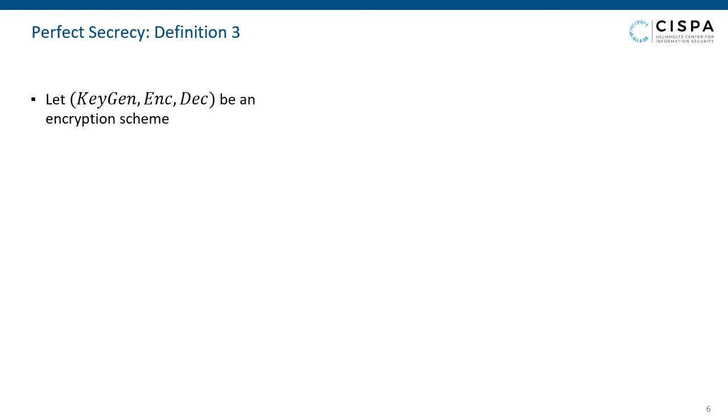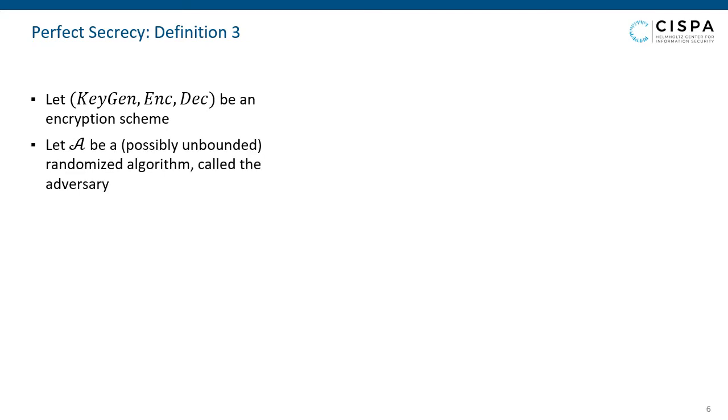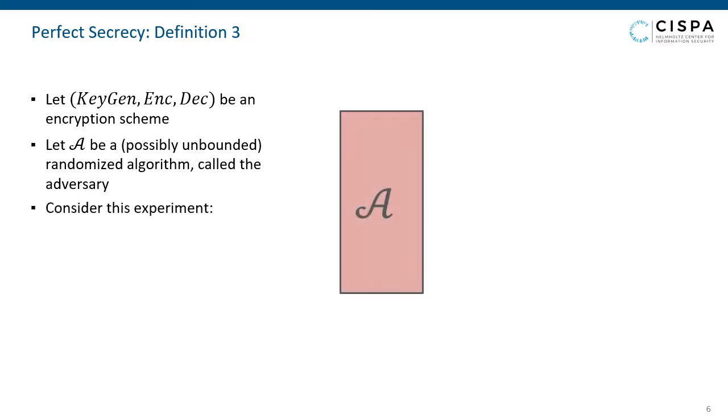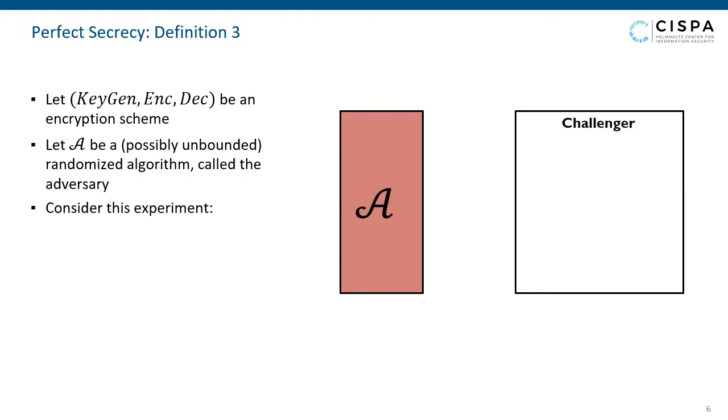So let Keygen, Enc, and Dec be an encryption scheme, and let A be a possibly unbounded, possibly randomized algorithm, and we'll call this algorithm the adversary. Now consider the following experiment. In this experiment, we have the adversary A and an algorithm or a machine which will talk to A called the challenger. So how does this experiment proceed?